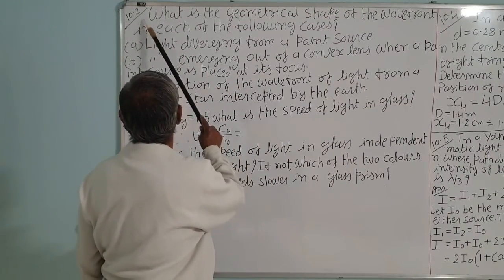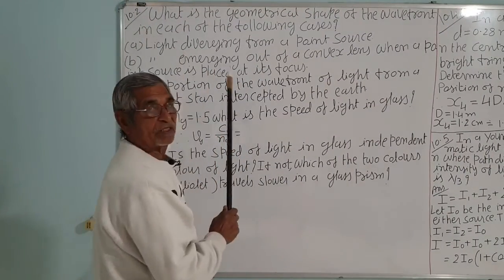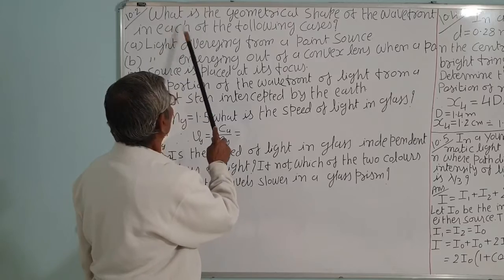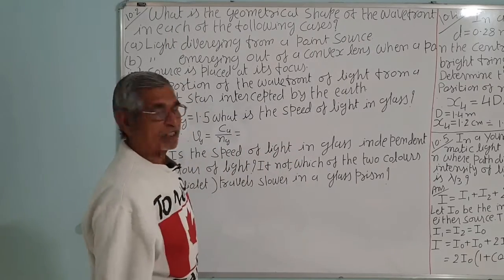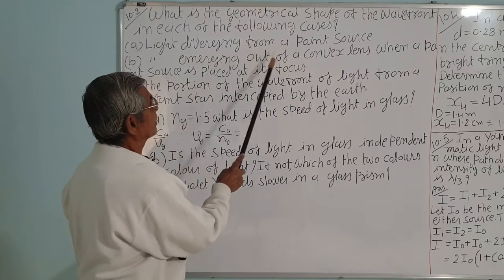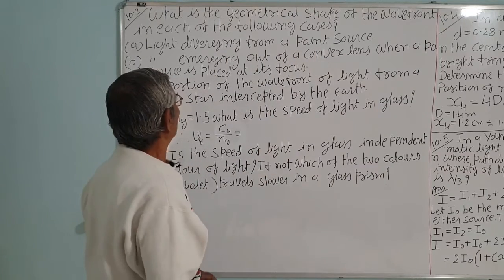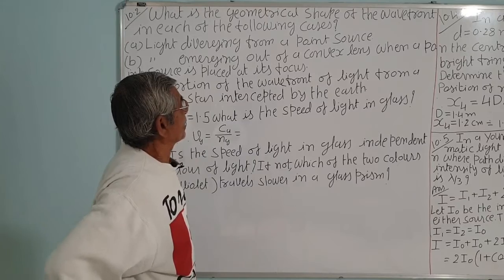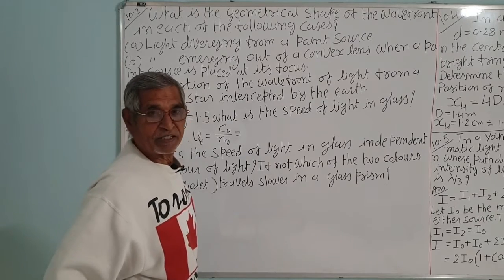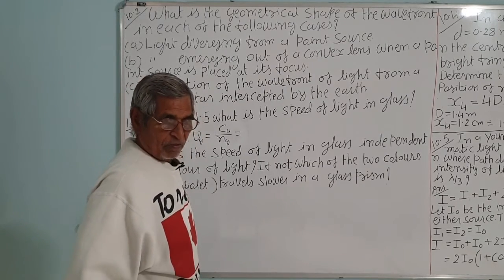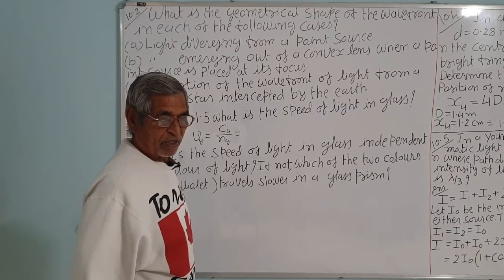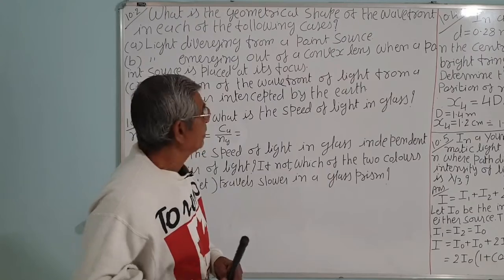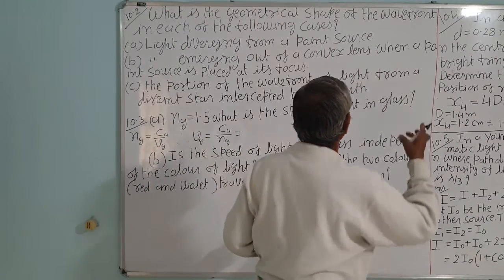Example 10.2 on page number 383, the same page, continue. What is the geometrical shape of the wavefront in each of the following cases? The light diverging from a point source. The light diverging from the point source, that wavefront will be spherical in shape, because all points will be at equal distance, on the sphere.